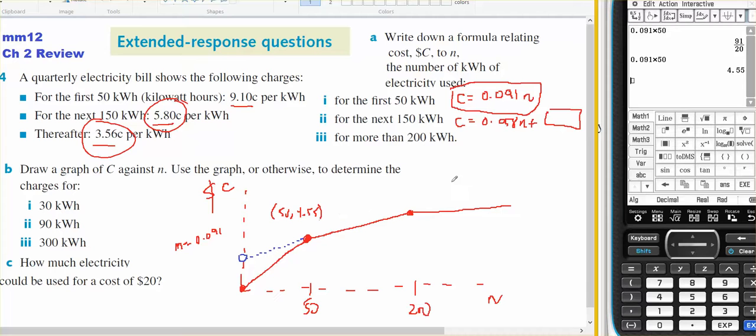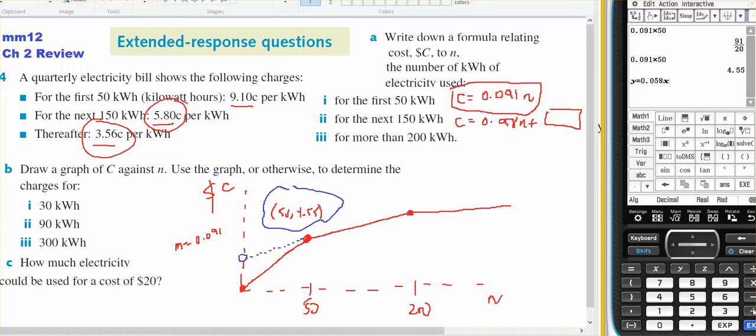So I know the gradient, I know a point, and this is a point. So I've got a rule which is y equals 0.058 x plus some constant c. So I'll define the variable c, press execute to make sure that's all okay.